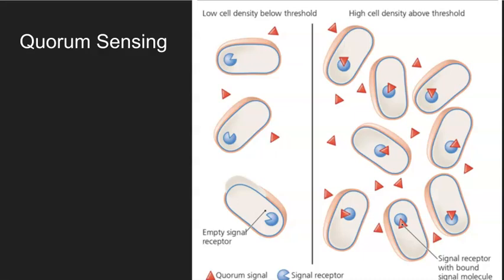These molecules work by bacteria synthesizing and secreting the signaling molecules, the red triangles, which can be detected by the protein receptor, the blue Pac Man. As you can see from the low density on the left, the signal moves away from the receptors, whereas in high density, that signal is able to reach the receptor.